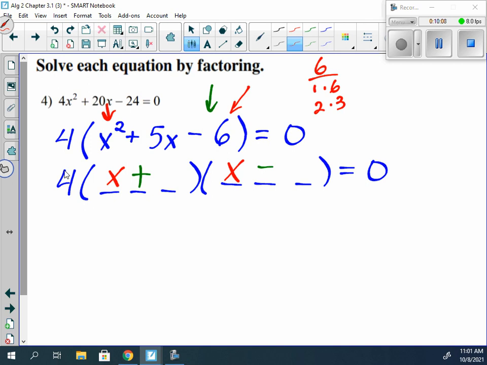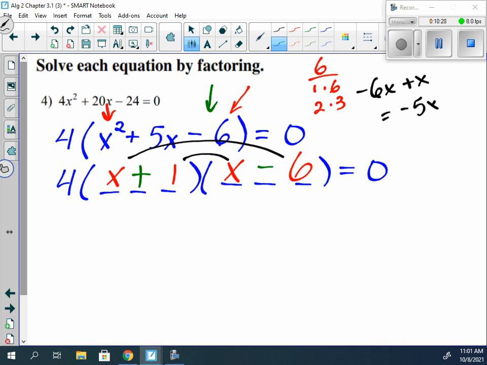So which one do we want to try first? 1 and 6. And again, we can check this here to see, will this give us the middle term of 5x? Well, x times negative 6 would be negative 6x. 1 times x would be plus x. So negative 6x plus x would be negative 5x. Is that the middle term we wanted?